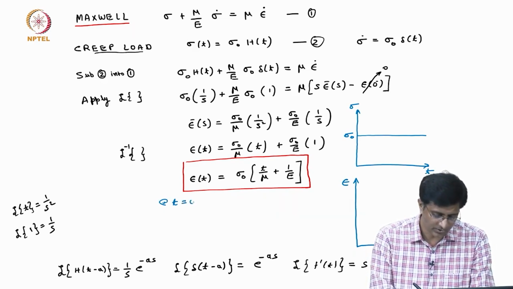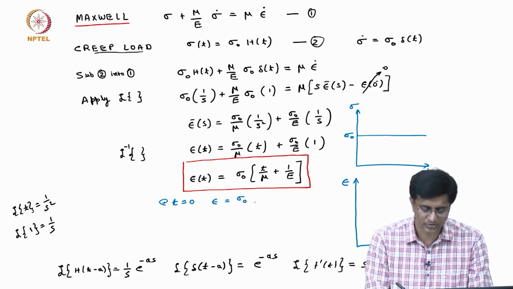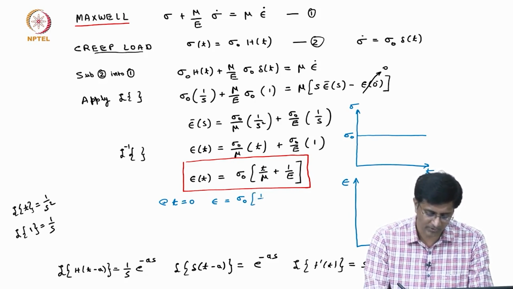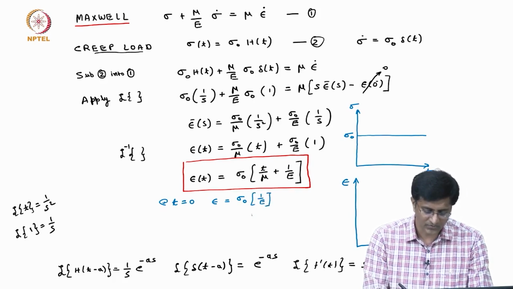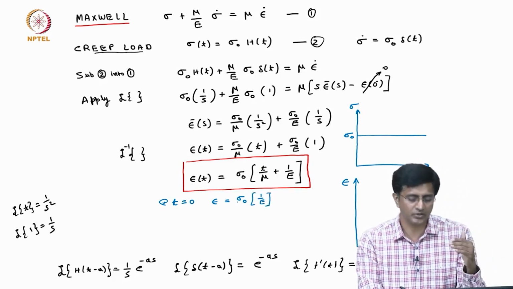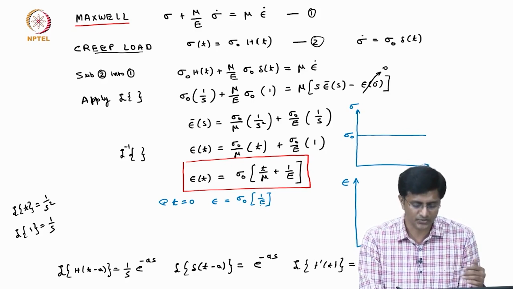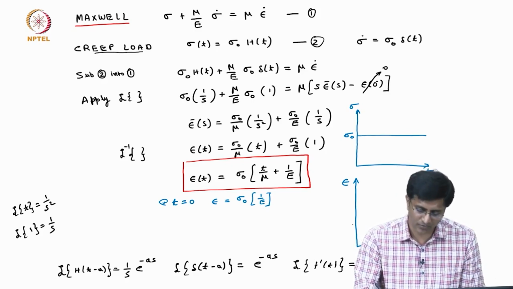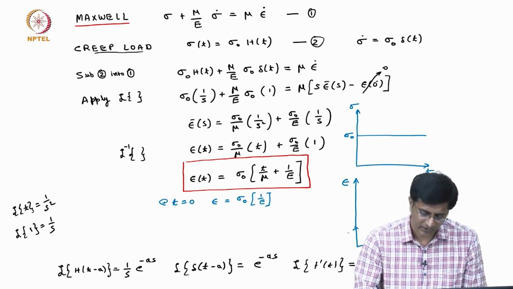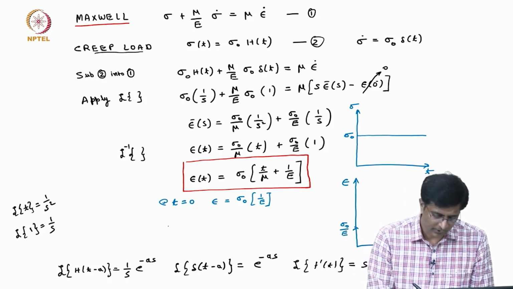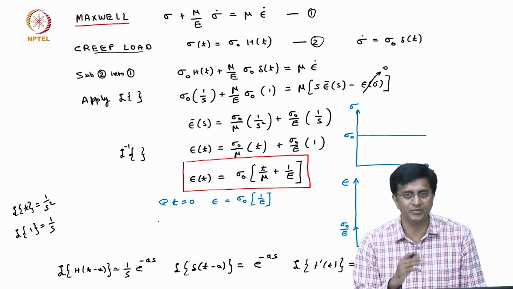At time t equals 0, epsilon or strain is sigma naught times, the first term goes to 0 because the numerator is time and it is 0, and what we are left with is the second term, 1 by E. As we see, sigma naught remains constant throughout the experiment and E is a constant for the spring. So, we have a constant value to start with, and that value is given by sigma naught by E.